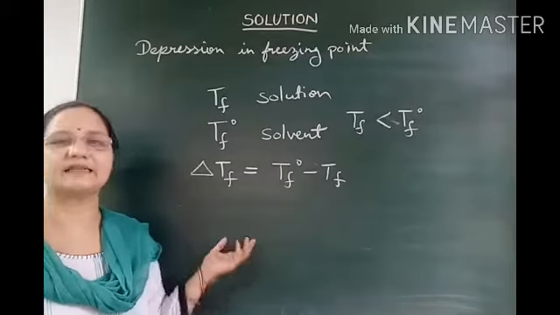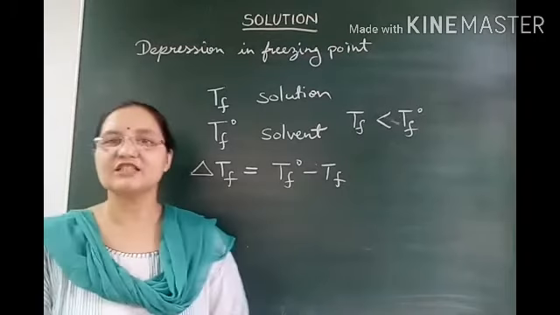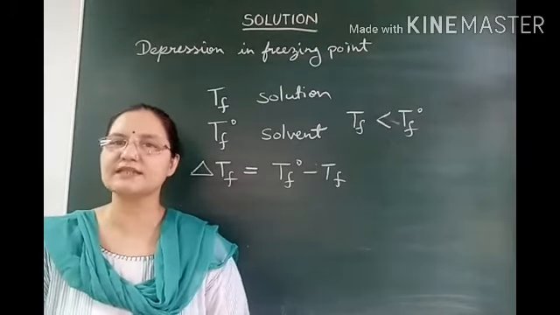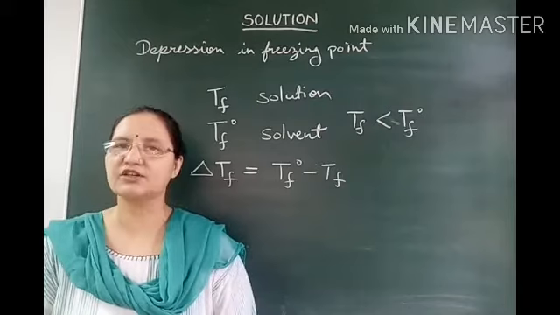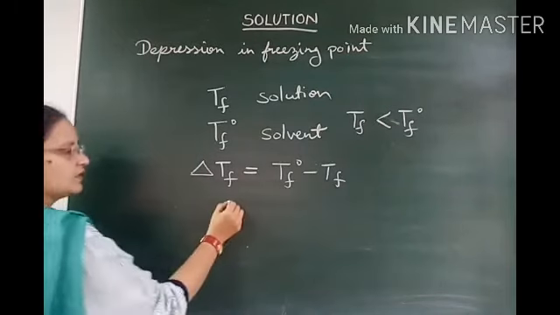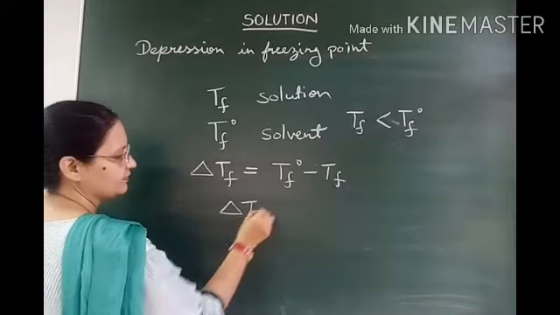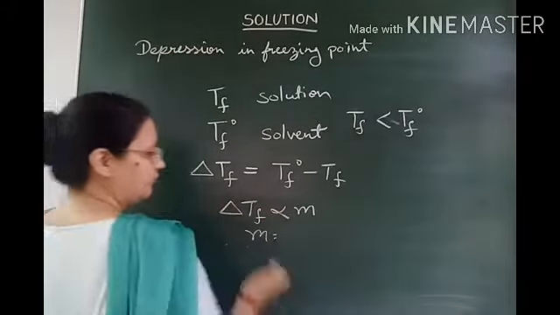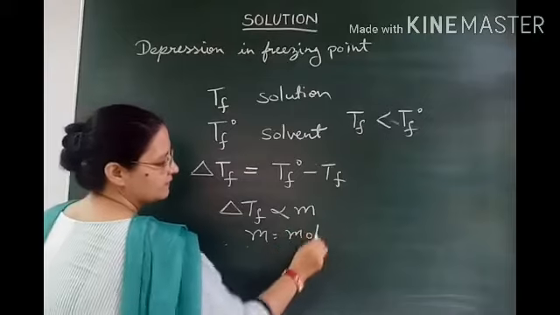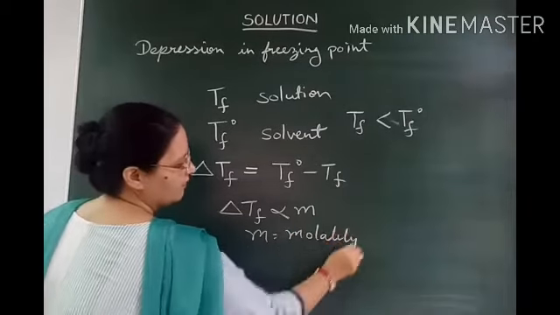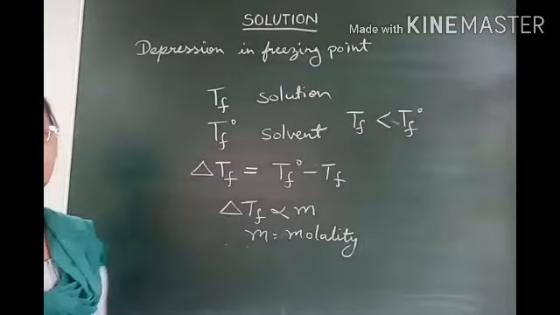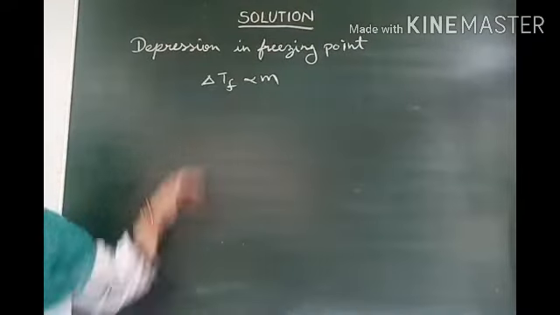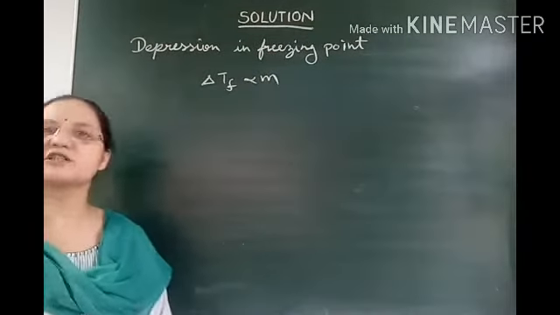As we know, it is a colligative property which depends on the amount of the substance, not on the nature of the substance. So delta Tf is directly proportional to molality.